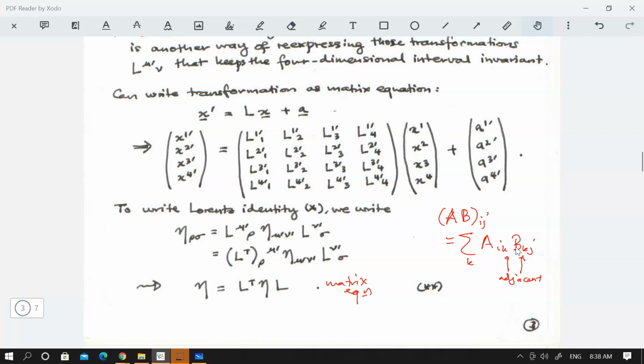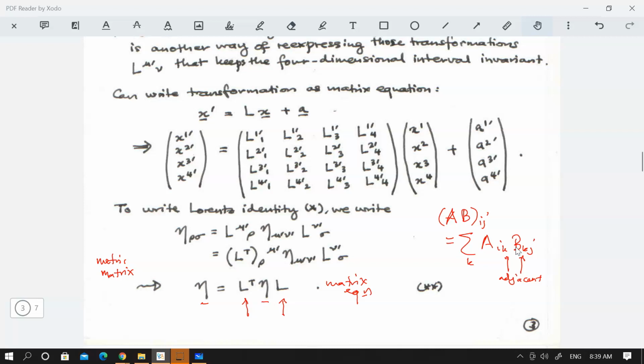Sometimes one gets confused between metric and matrix. The metric is the array of numbers that you put in this form. The metric is telling you that this object gives you the length squared. Here you can see that this matrix and this matrix are the same thing. So the transformation that you need for special relativity will have to obey this Lorentz identity.